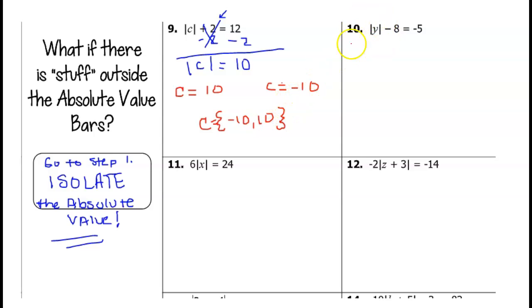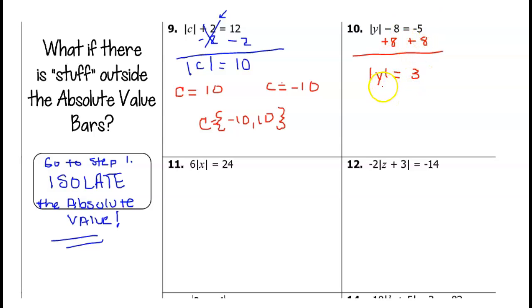All right. Over here, number 10. Yeah, it's not so bad. Number 10, I'm going to do the same thing. I notice the absolute value is not by itself, so I got to isolate it, okay? I have to move that 8 to the other side of the equation by adding 8 on both sides, all right? When I add 8 on both sides, I end up with the absolute value of y equals 3.